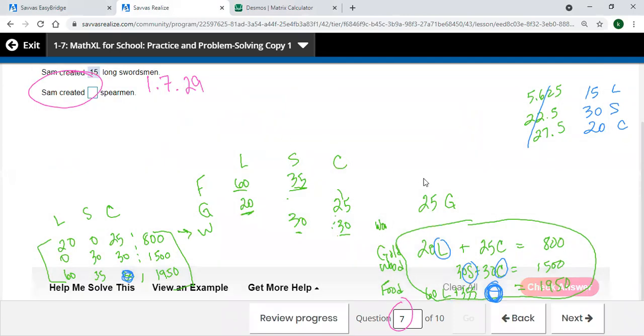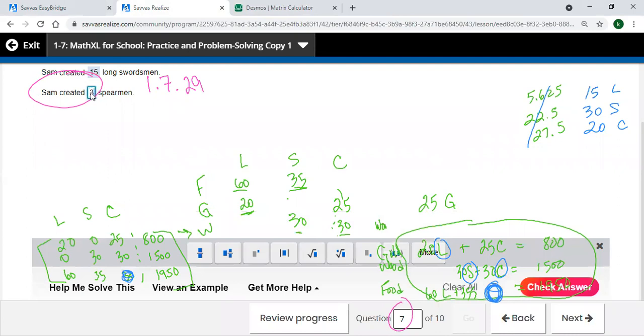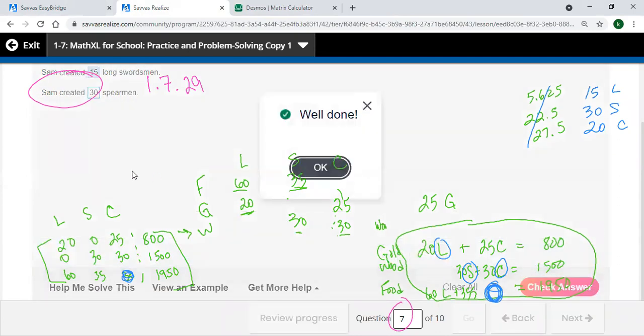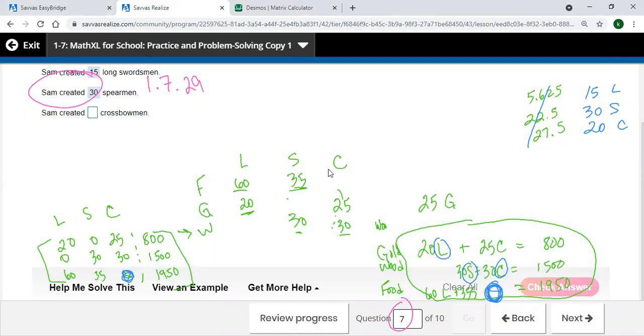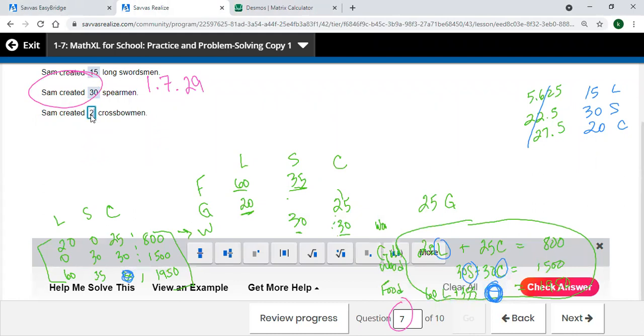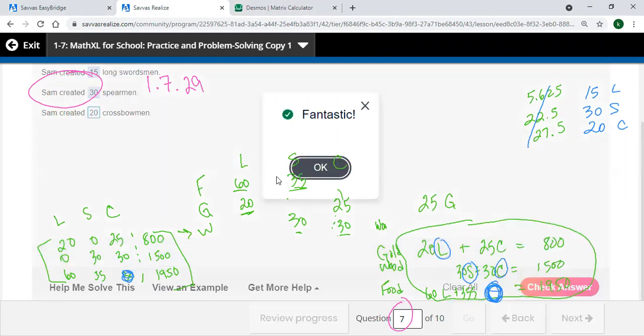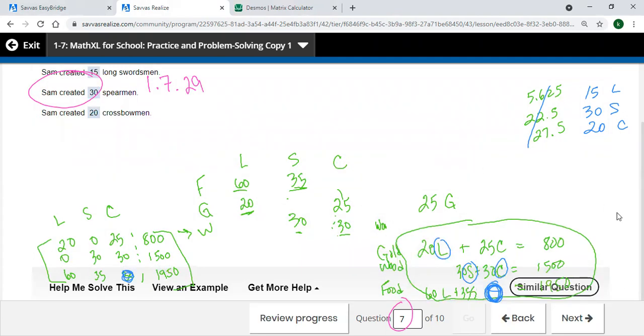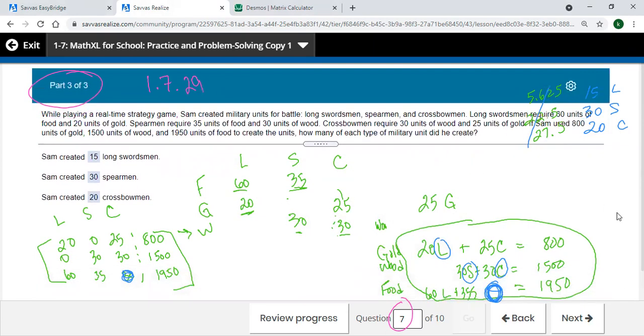And then the spearman, the S was 30. And then last, the crossbow was 20. Fantastic. We got it all done.